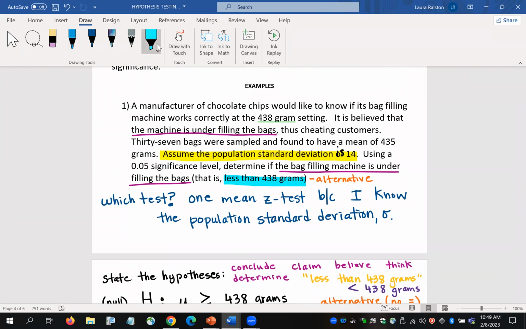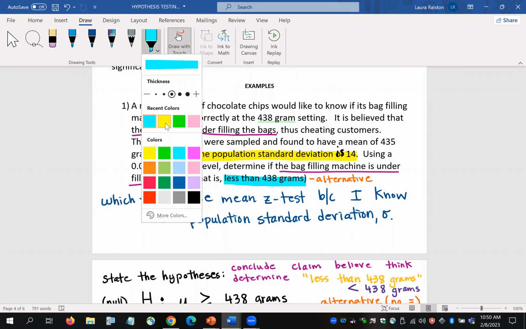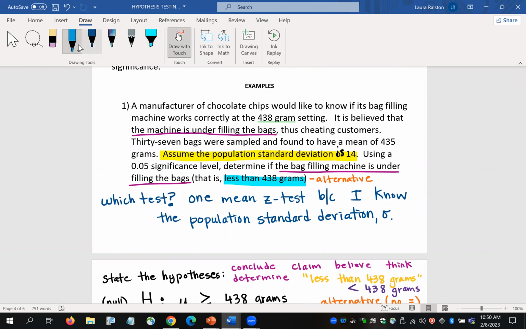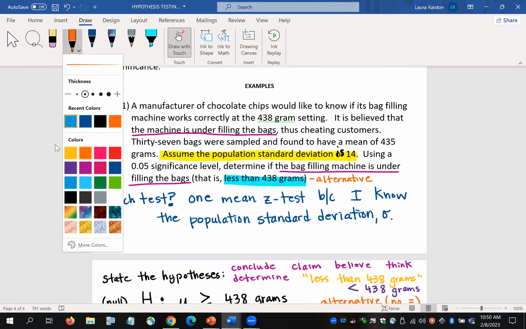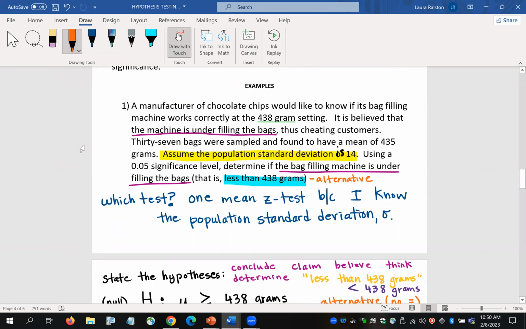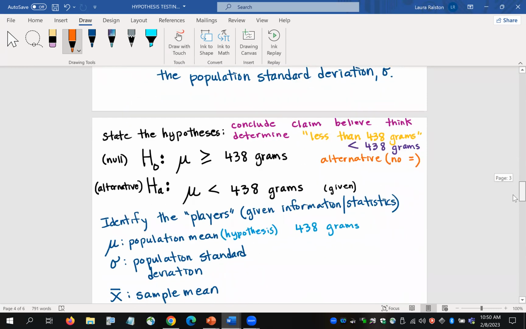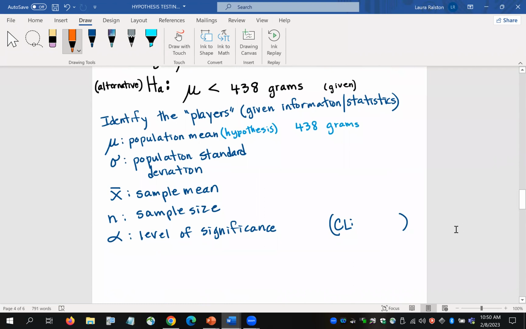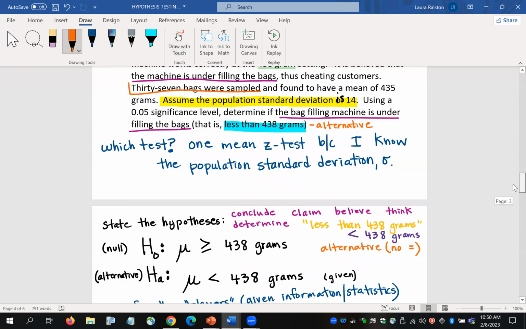Manufacturer, I'm going to the 3rd sentence. 37 bags were sampled. So at the beginning of the 3rd sentence, it tells me that my sample size was 37.